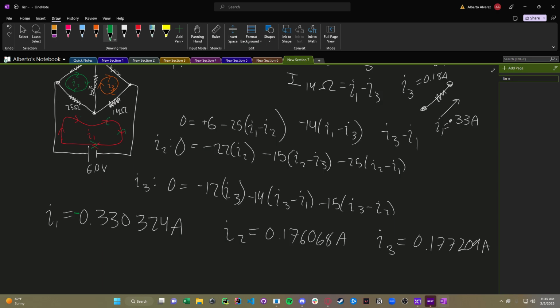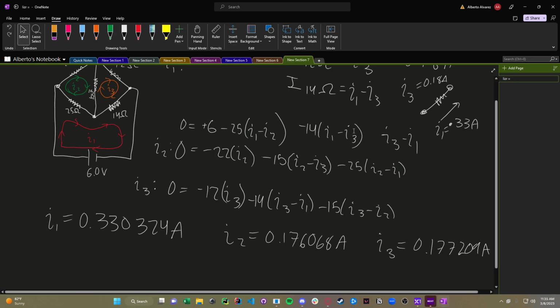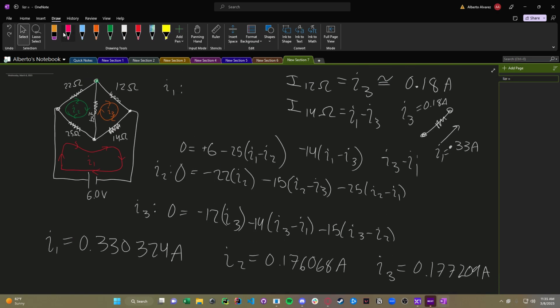So it's going counterclockwise for I1, for example. And we could just simply account for that. Our equations already account for that, and all we have to do is take into consideration when getting the individual currents. So we just make a little annotation, correcting ourselves, like, oh, we're actually going back. And then, that basically takes care of itself. But in this case, our initial assumption happens to be completely right, which is nice.